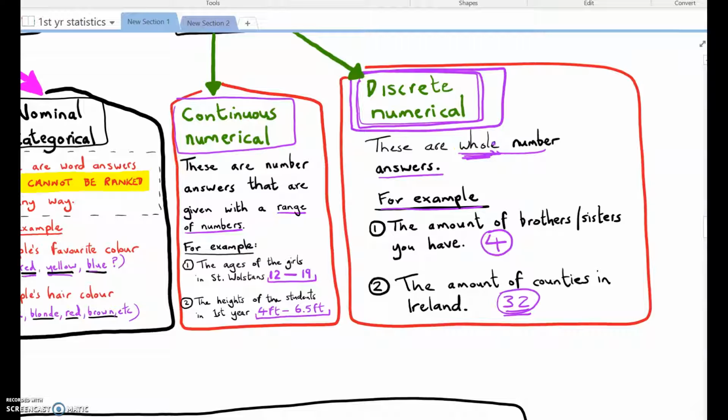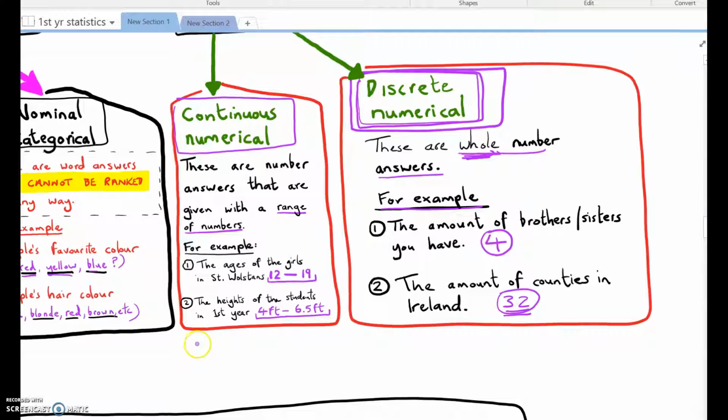However, if I asked you, how many people are in the families of the students in St. Wolstan's? You can't say for sure that it's 2, or that it's 3, or that there's 4 people in people's families, or that there's 5 people in people's families. But what you could do is give me a range of options.